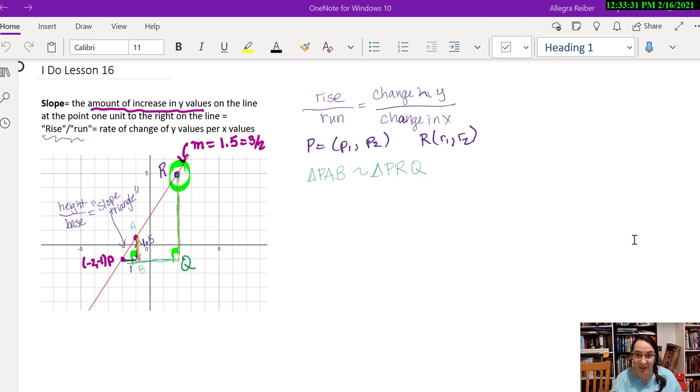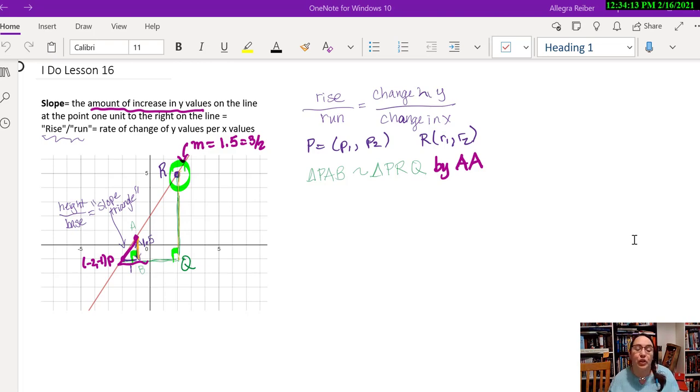Do you see it? Type it in the chat. That's right. The angle at P formed by the line and that horizontal line is common to both triangles right here. So they're similar by angle because they share 2 angles that I can see for sure in both cases.